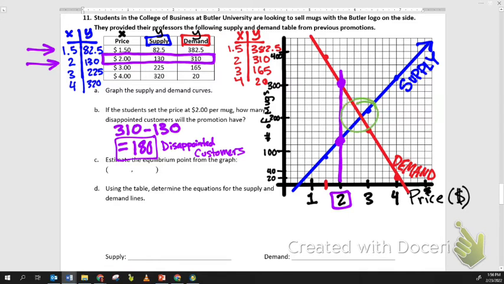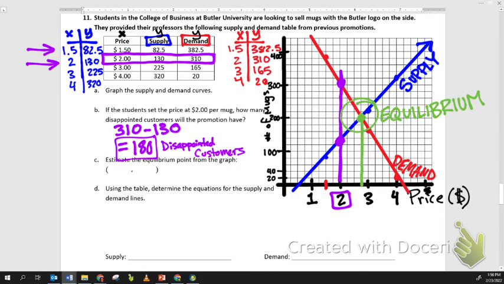So right there is my equilibrium. And I just look at that and I think, okay, X looks like it's 3/4 of the way between 2 and 3.